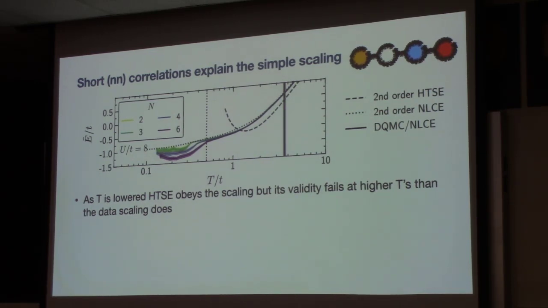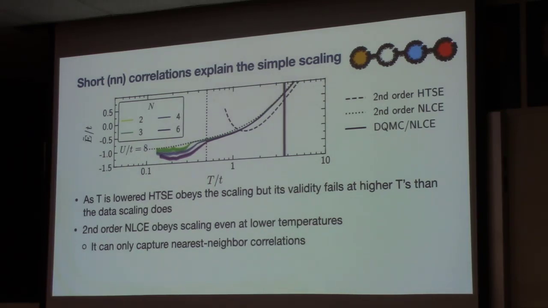So what we see is that the scaling is obeyed. All the curves collapse on top of each other in the dashed line, but they do not reproduce what's going on with the solid lines. The solid lines keep going down while this thing is diverging going up. So we're like, okay, that's not a good explanation of the phenomenology.